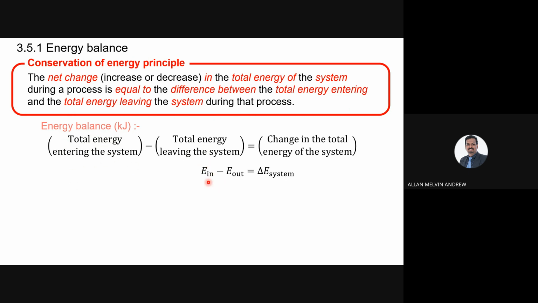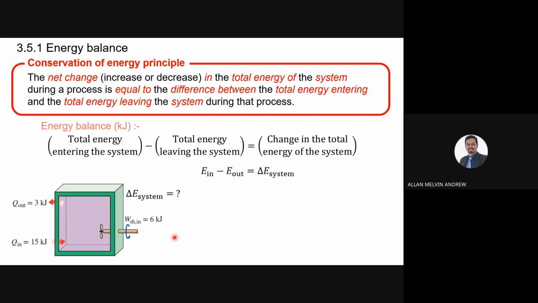So E in minus E out equals the change in energy, and you put the triangle for the change. This is the energy balance equation: E in minus E out equals change in E. You can use this throughout the course, as it will be reinforced throughout the course.